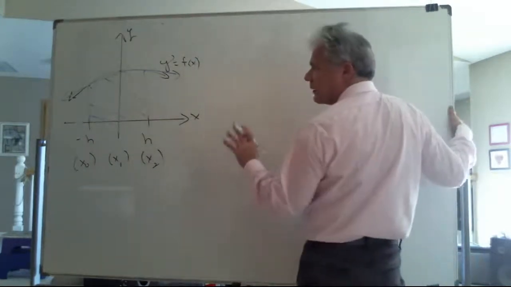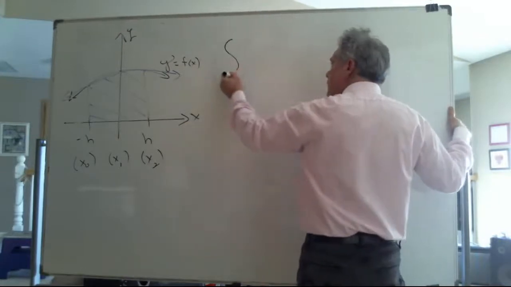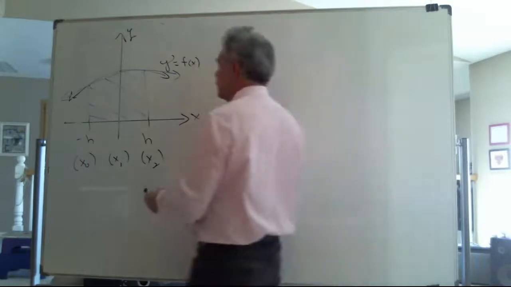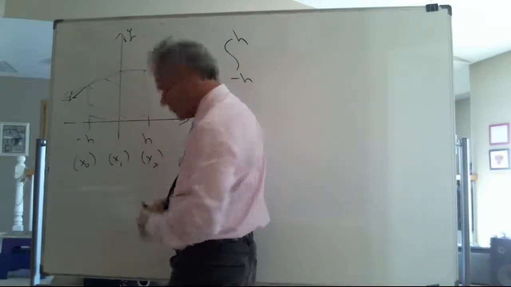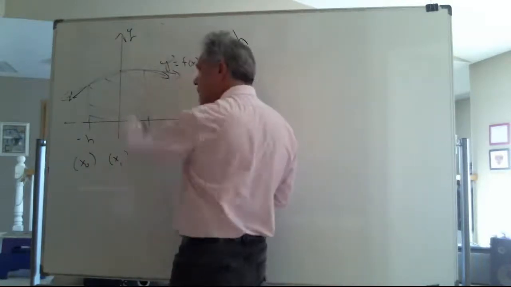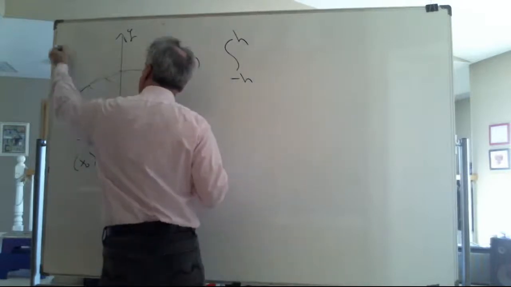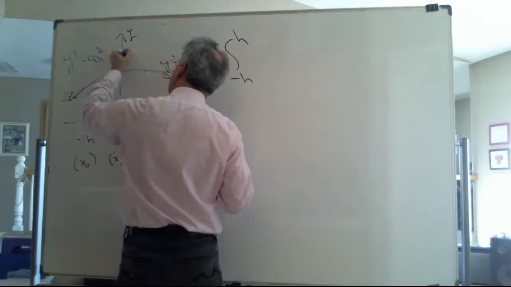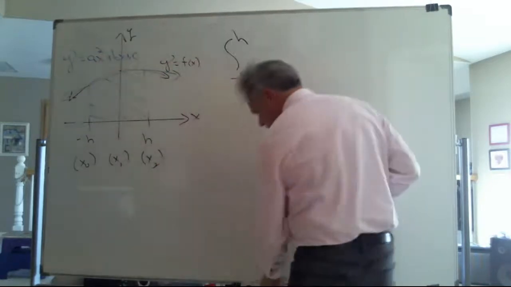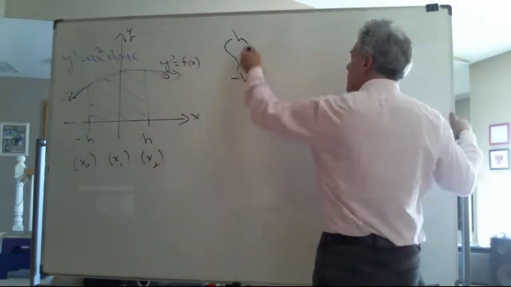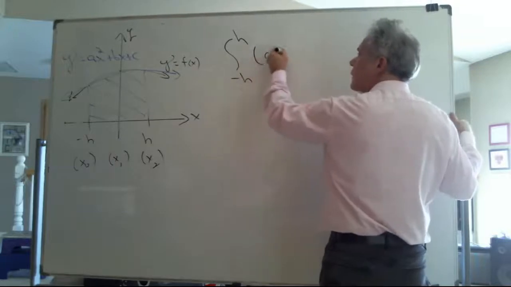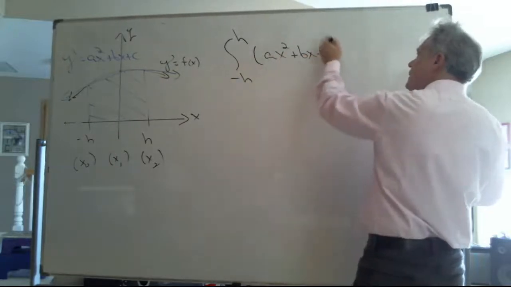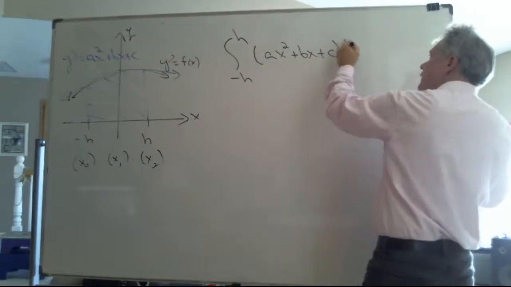I think the area underneath the parabola is a definite integral evaluated from here to here of my quadratic function. Now, y equals f of x is black, but the blue curve is a parabola. It's got an equation of this form. So I'm looking at the area underneath this quadratic curve to approximate the area underneath the graph of y equals f of x, at least over the interval from negative h to h.